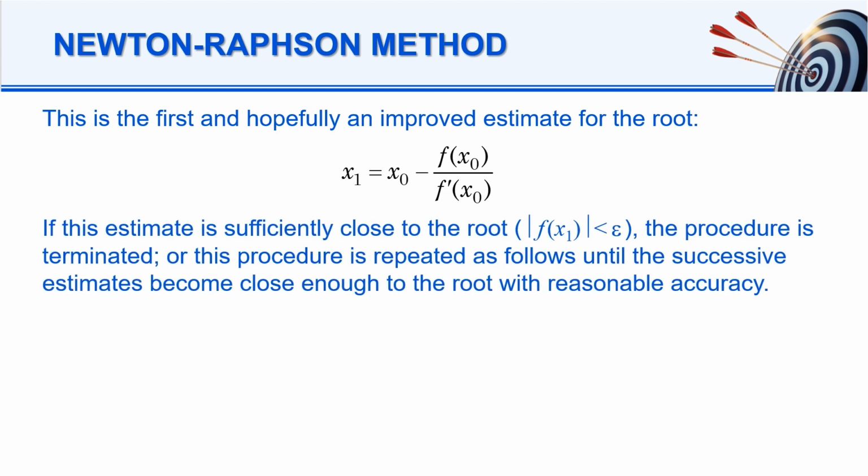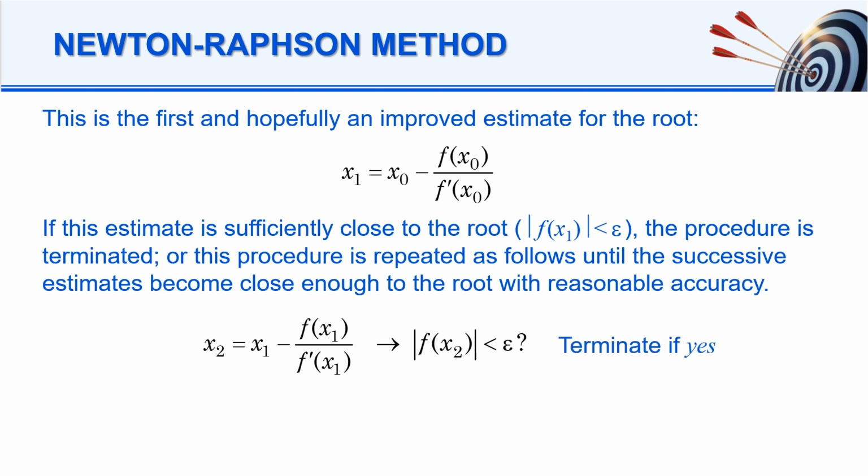If this estimate is sufficiently close to the root, the procedure is terminated, or the procedure is repeated as follows until the successive estimates become close enough to the root with reasonable accuracy. If the function value at the second estimate x2 is sufficiently small, the estimation procedure is terminated.